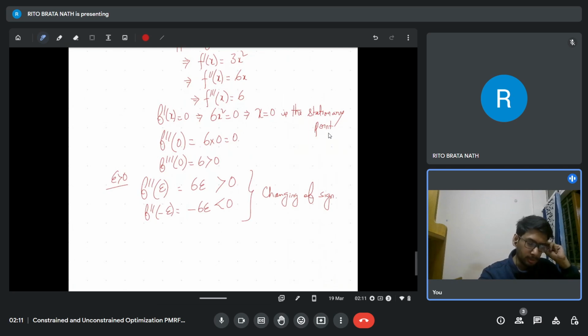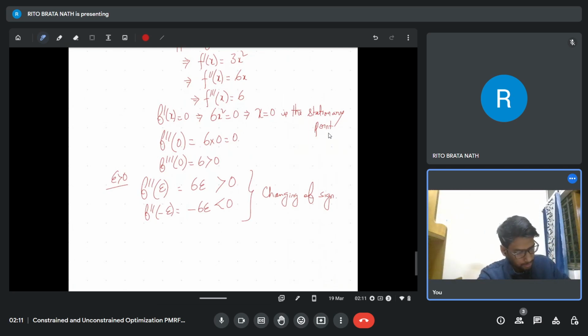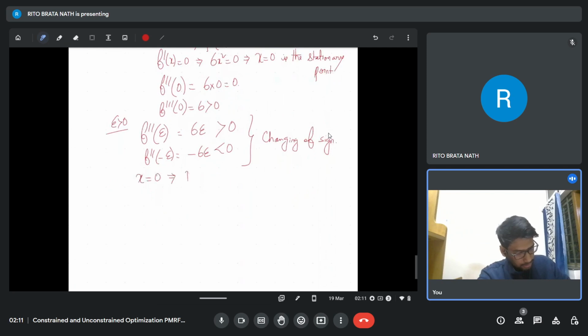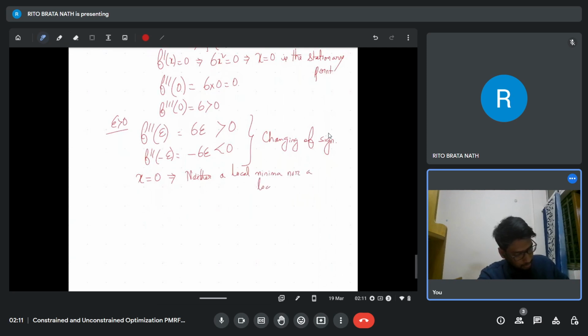So that means x equals 0 is neither a local minima nor a local maxima. Okay, so what you can say is that x equals 0 is the point of inflection, because the second derivative is 0 and the third derivative is non-zero.